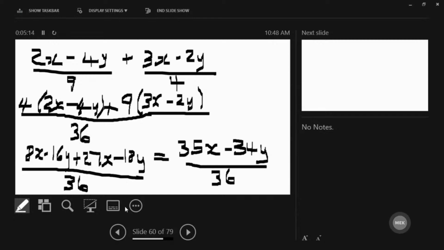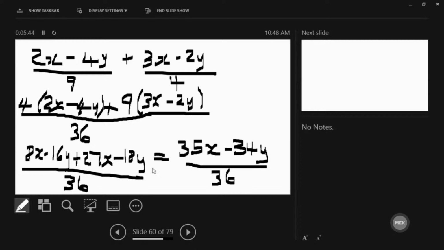Other scholars, let me hear if you understand what I just did. And if you have any questions, if you don't understand why I did any particular thing, let me know. Imani says, Miss, I understand. Najaro says he understands.